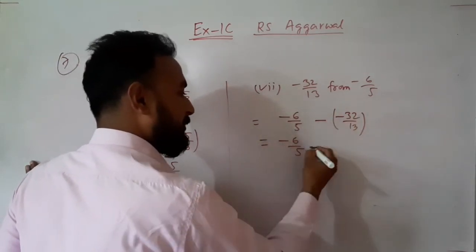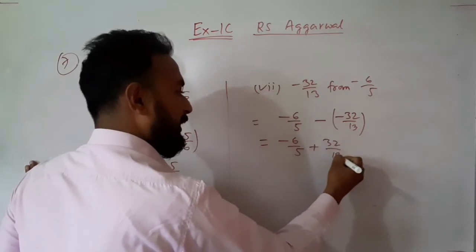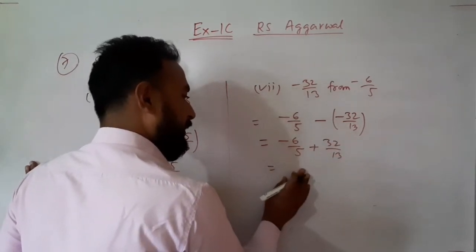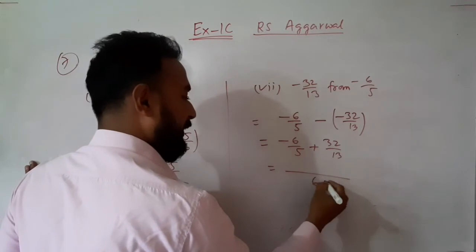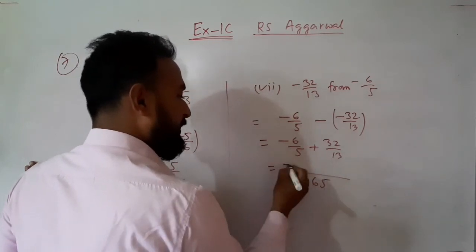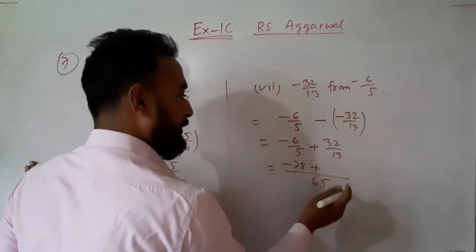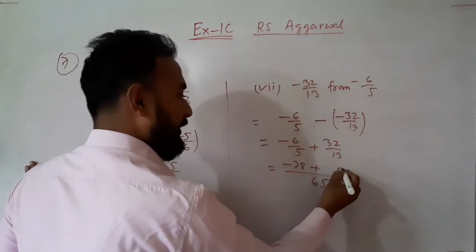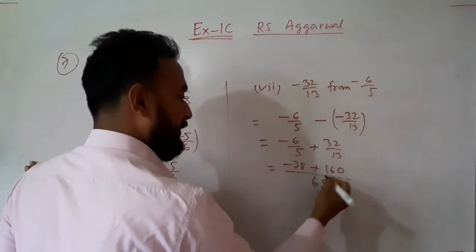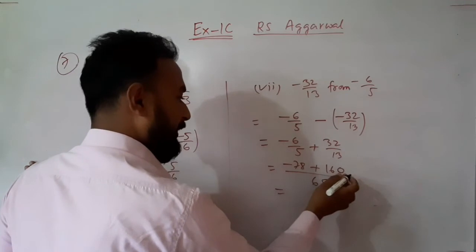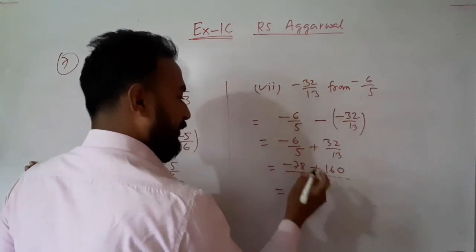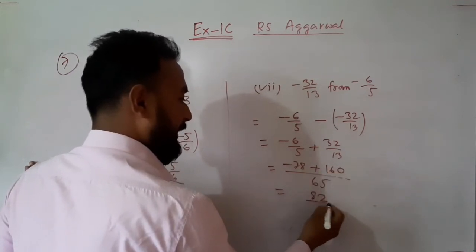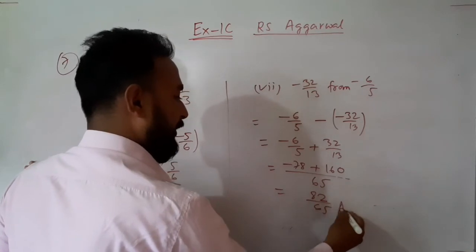Minus 6/5 minus (minus 32/13) becomes plus 32/13. What is the LCM of 5 and 13? That is 65. 13 times 6 is 78, and plus 5 times 32 is 160. So you have to subtract 78 from 160, giving 82/65 as your required answer.